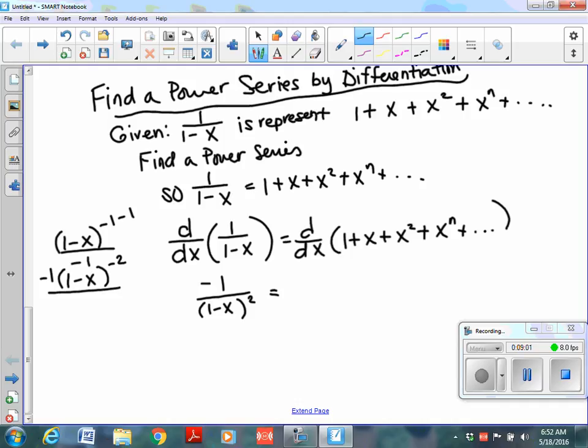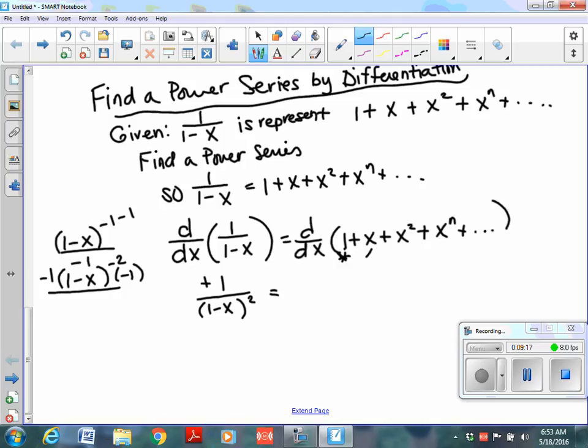You put the negative 1 out in front, and with another negative 1, it ends up being positive. So the derivative of 1 over 1 minus x is a positive 1 over 1 minus x squared.